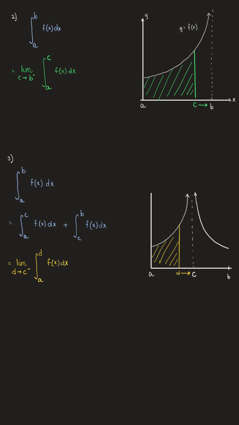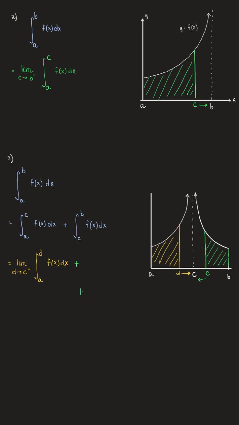And then to that, we're going to add, for the second piece, for the integral from c to b, where we have a vertical asymptote at c, I'm going to use another variable e. We're going to find an expression for the area from e to b, and then we're going to let e approach c from the right-hand side.